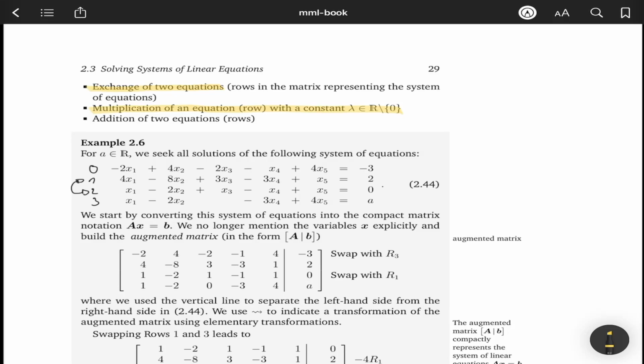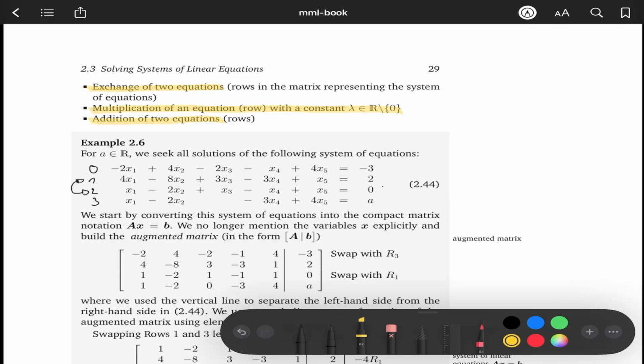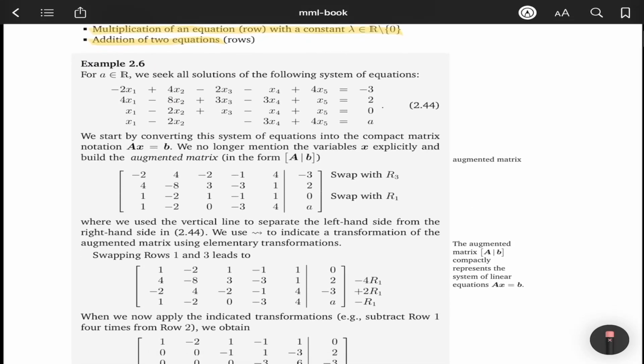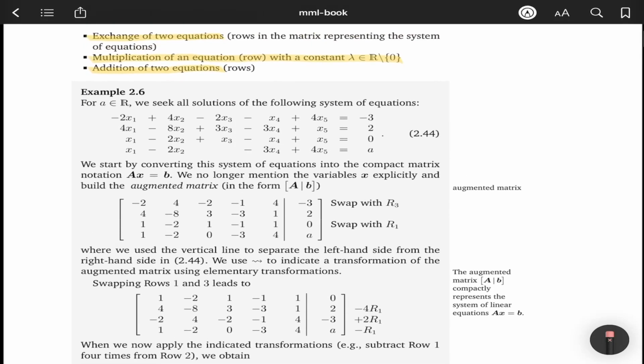But what we can do is scale the equation up or down. What we also can do is addition of two equations. So we can add one equation to another.